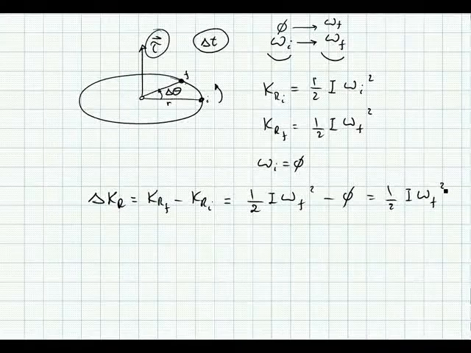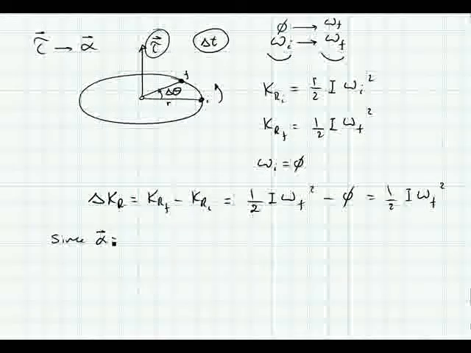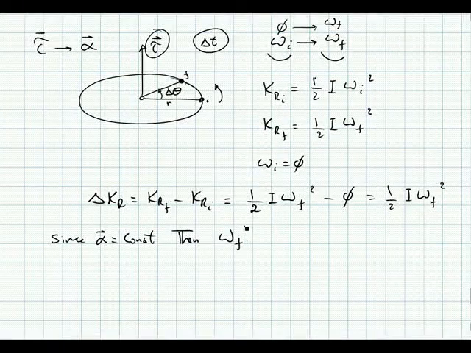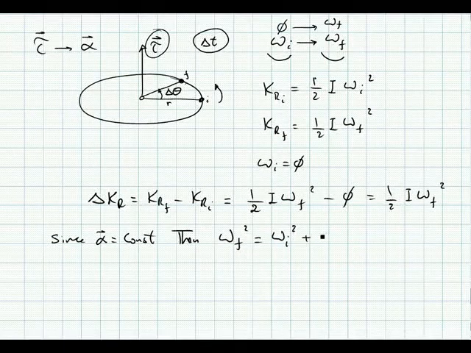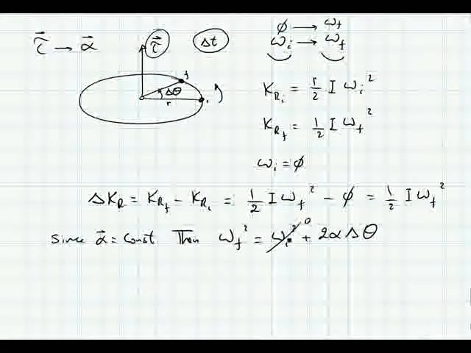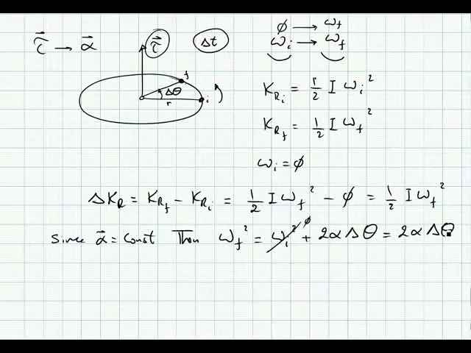Now here we have a constant torque acting on the object, which implies that our angular acceleration is constant. Therefore I can use kinematic equations of motion for rotational motion. Since alpha is constant, omega final squared is equal to omega initial squared plus 2 alpha delta theta, but we argued that omega initial is 0, so this is simply 2 alpha delta theta.